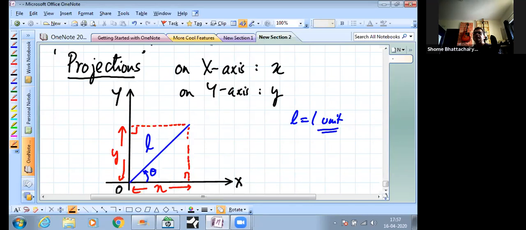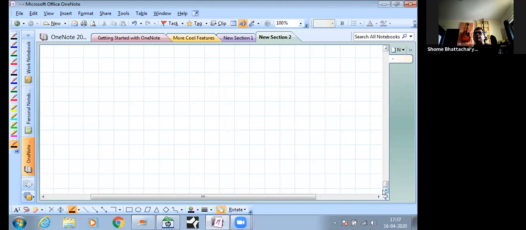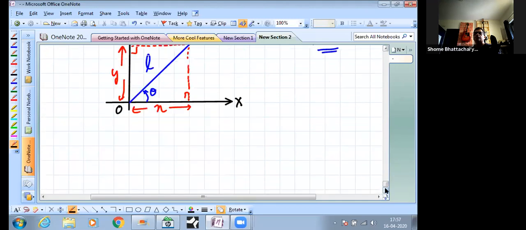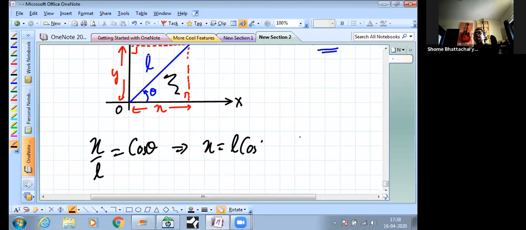Now next we will see how we define the projections in terms of sine theta and cos theta. Okay. So coming back here to this right angle triangle, you can see in this triangle, x by L is equal to cos theta. So that means x is how much? It is L cos theta. And remember, it's a standard rod, so L is unity. So x only is cos theta.